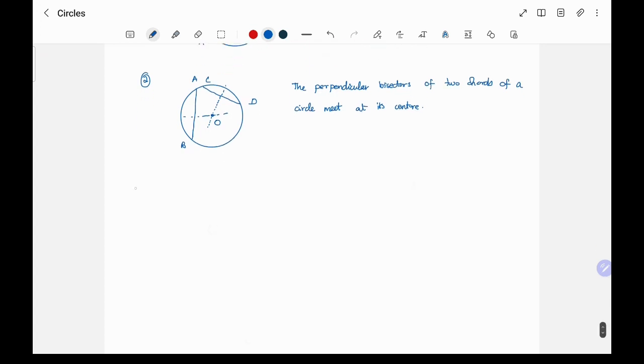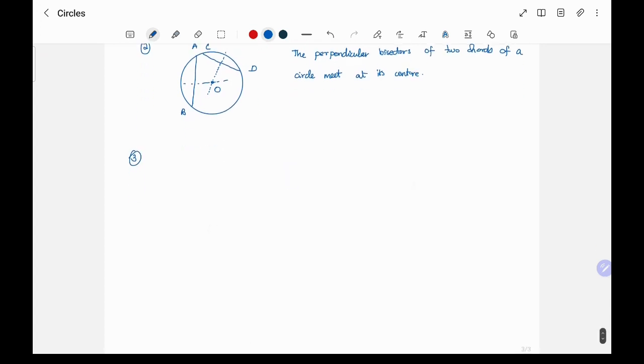And the third property: we need to introduce something called collinear points. Collinear points means three or more points lie on a straight line.